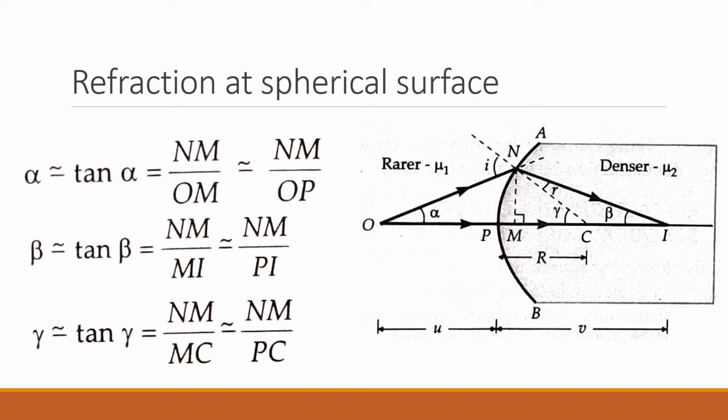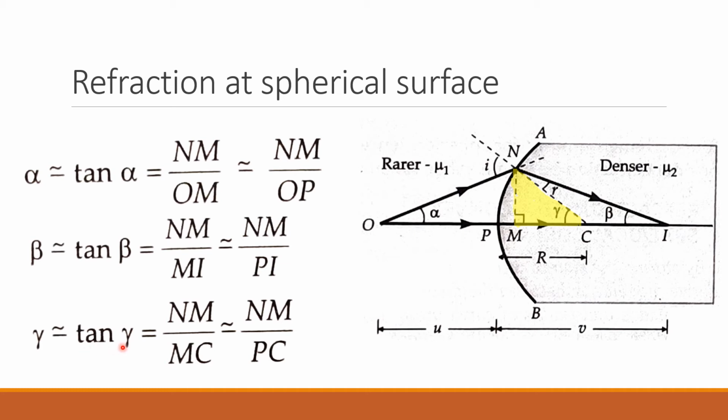Consider this triangle. Since your angle gamma is very small, I can write gamma is approximately equal to tan gamma.